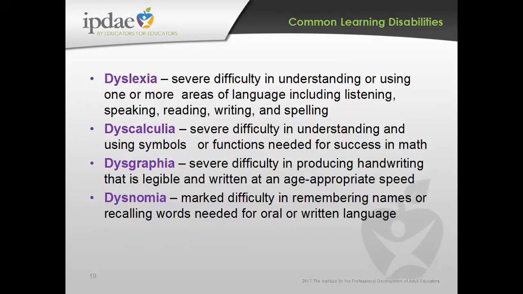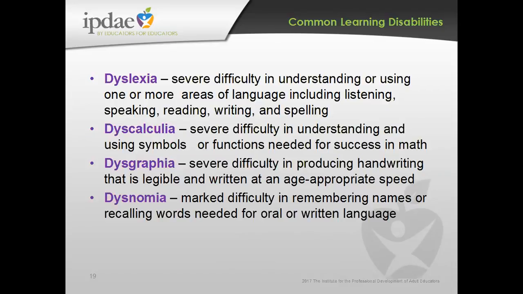Okay, common learning disabilities. Now the overall topic is called learning disability. In K-12, it's called specific learning disability, SLD. And all of the specific ones underneath start with DYS, which means partial.